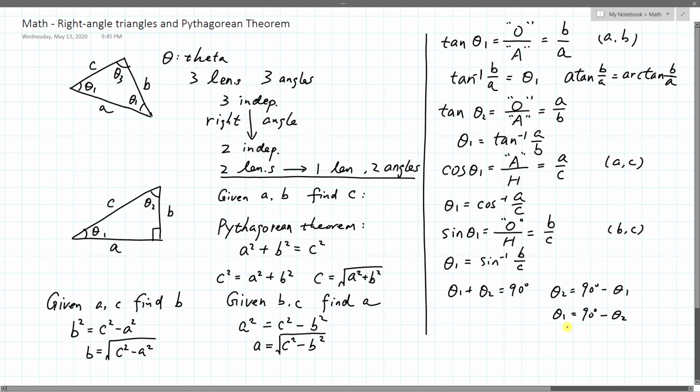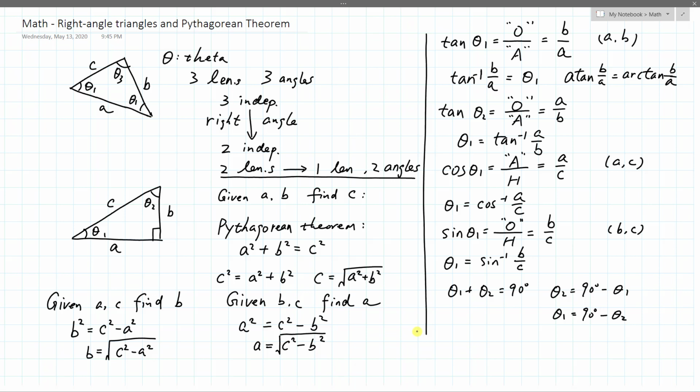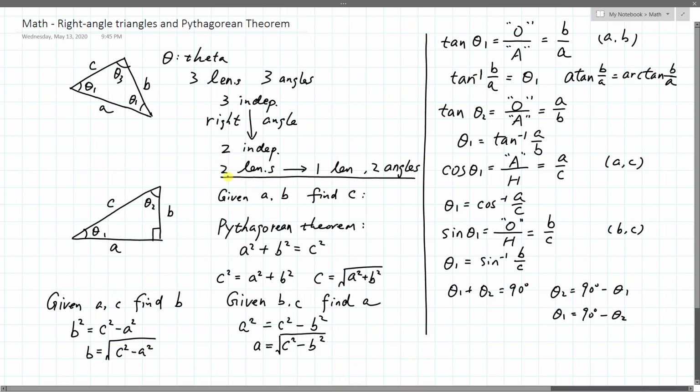Right. So this is just a quick review of what exactly you can do with a right angle triangle. If you know two lengths, this is how you find the third length using the Pythagorean theorem. How do you find the angles? Depending on which lengths you are given, you can use the tangent functions and inverse tangent.